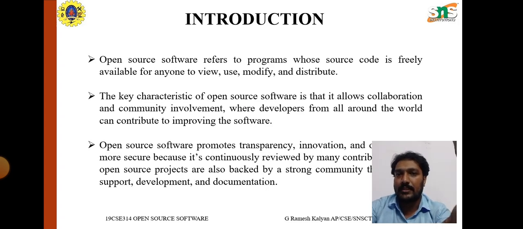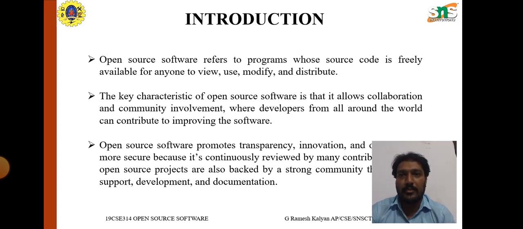As an introduction, open source software generally refers to programs whose source code is freely available for everyone to view, use, modify, and distribute. This is a kind of software in which all the source code of the program is freely available, that is, there is no need to pay any cost for it.